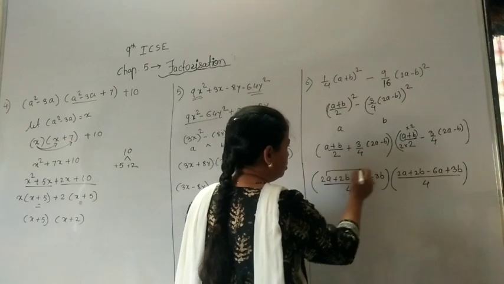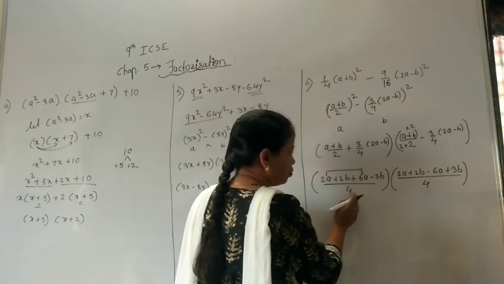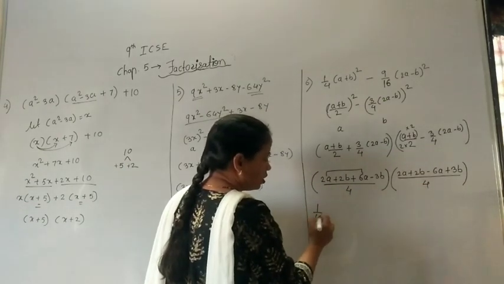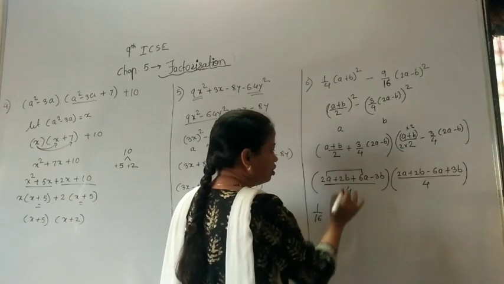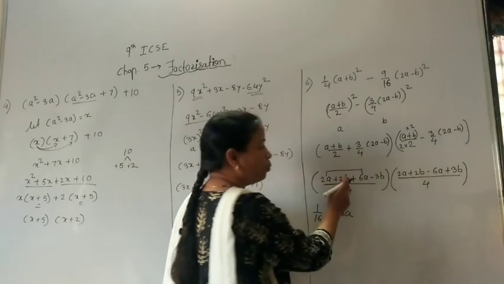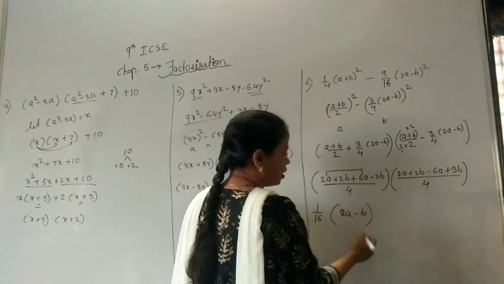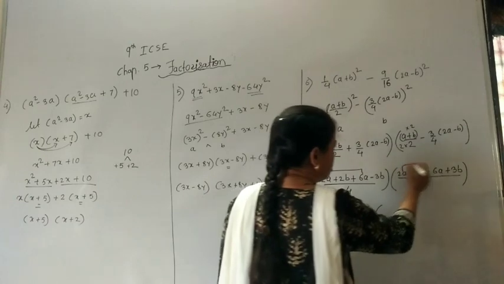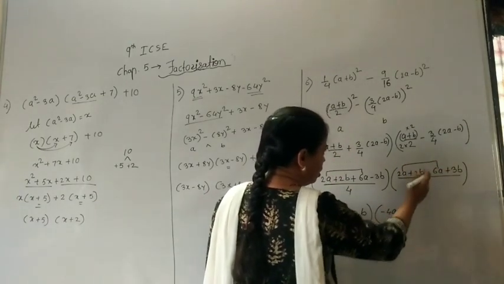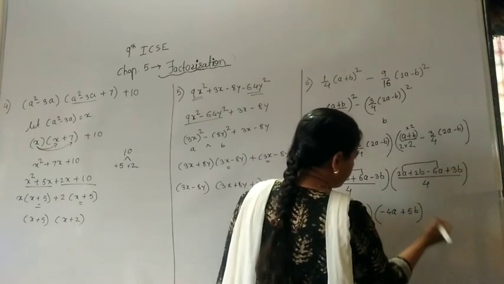Okay, now this 4 and this 4 means 4 fours are 16, so 1 upon 16 I am taking common. So deal with the numerator only. 2a plus 6a will give 8a, 2b minus 3b means minus b in one bracket. In the other bracket, 2a minus 6a is minus 4a, 2b plus 3b is plus 5b.